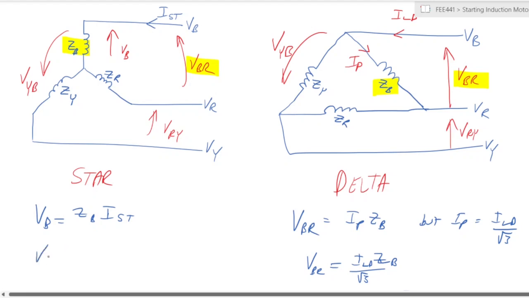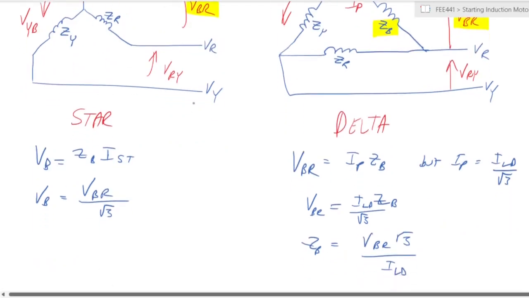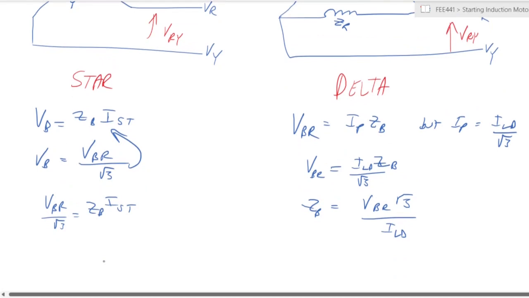But we know that VB is equal to VBR over root 3. So let's substitute that back in. We'll see that VBR over root 3 is equal to ZB times IST. If we reconfigure it, making ZB the subject, we'll have VBR over root 3 divided by IST, right?